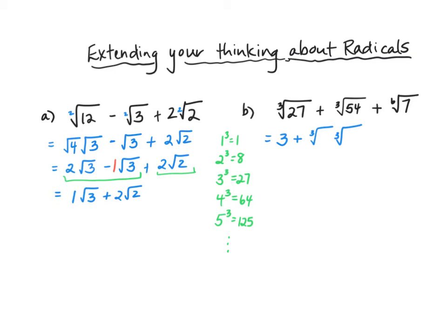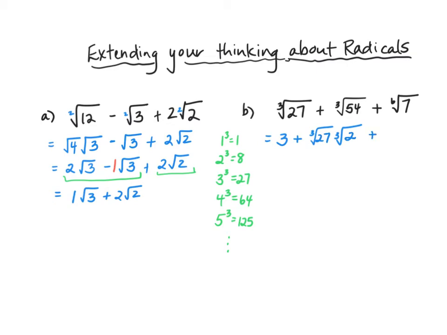So I'm asking myself whether or not any of these perfect cubes divide evenly into the number 54. What I'm hoping you'll see is that 54 is actually equivalent to 27 times 2, so I could rewrite this as cubed root of 27 times the cubed root of 2.